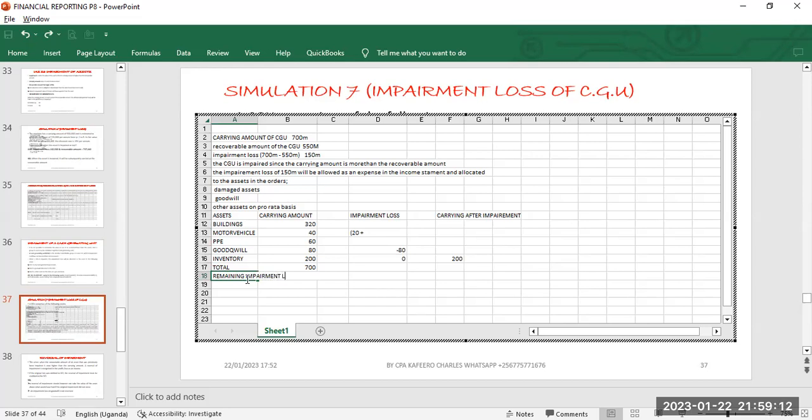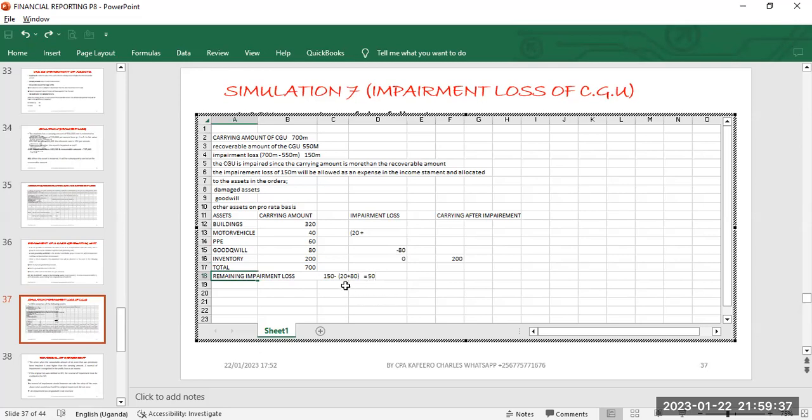Remaining impairment loss will be got from our total impairment, which is 150 million. We less what we've actually used. We've so far used 20 million plus the 80 million. That's what we've so far used. This will give us a figure of 50 million.